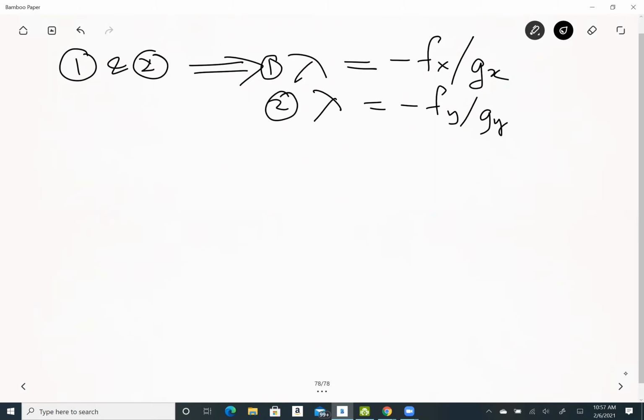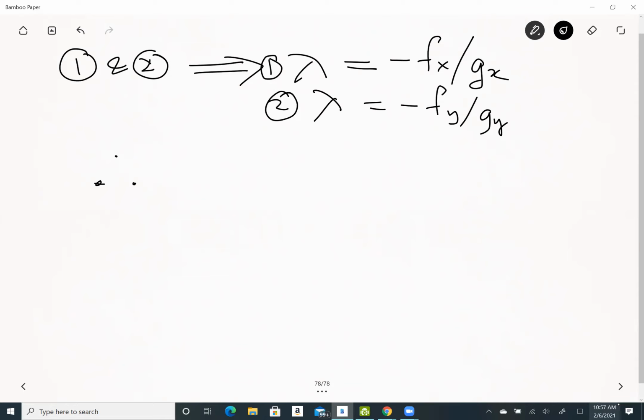Now here you got lambda and lambda equal to, so therefore, what is the next step? They are equal.